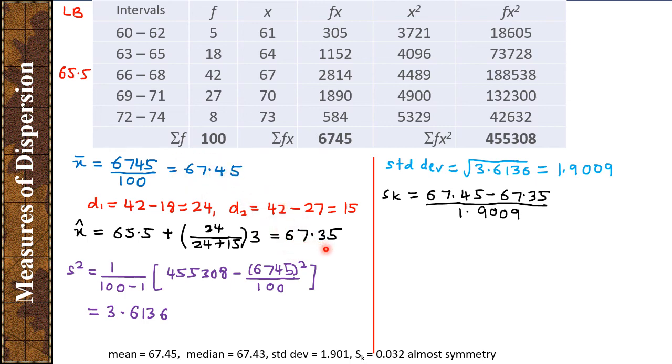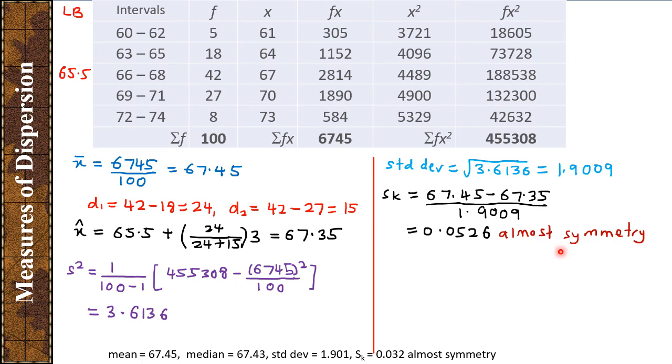So 0.45 and 0.35, so we got 0.1, right? Which is already very small. And of course I can predict that we have another case of almost symmetry here. Yeah, correct, 0.05, which is less than 0.1. So of course the conclusion would be almost symmetry.